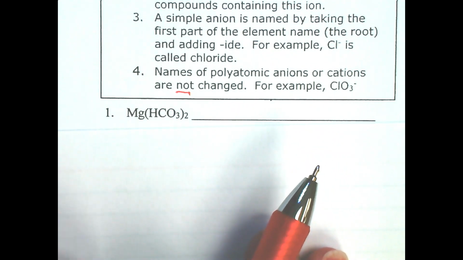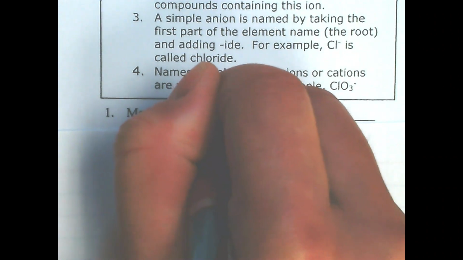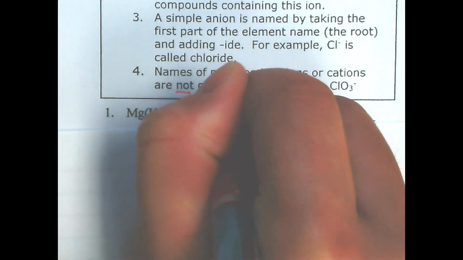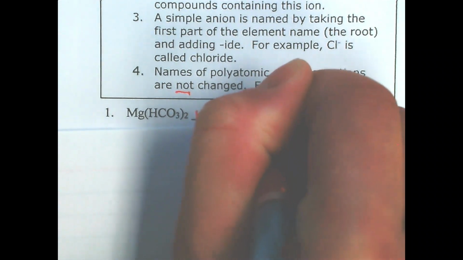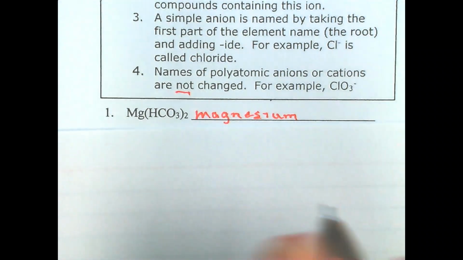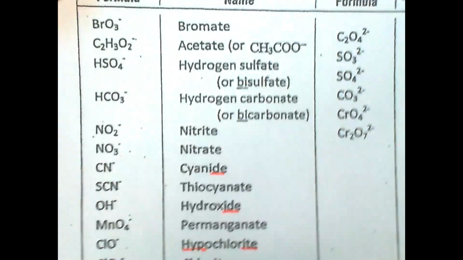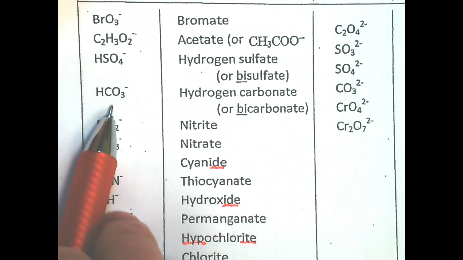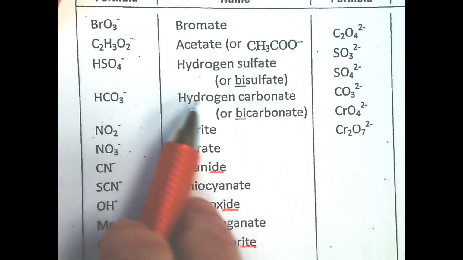So first of all, you just name the metal without changing anything. So it's just going to be magnesium. And then this back part, if you have been studying your polyatomics, you might recognize that as this. That is hydrogen carbonate or bicarbonate. You can use either term.